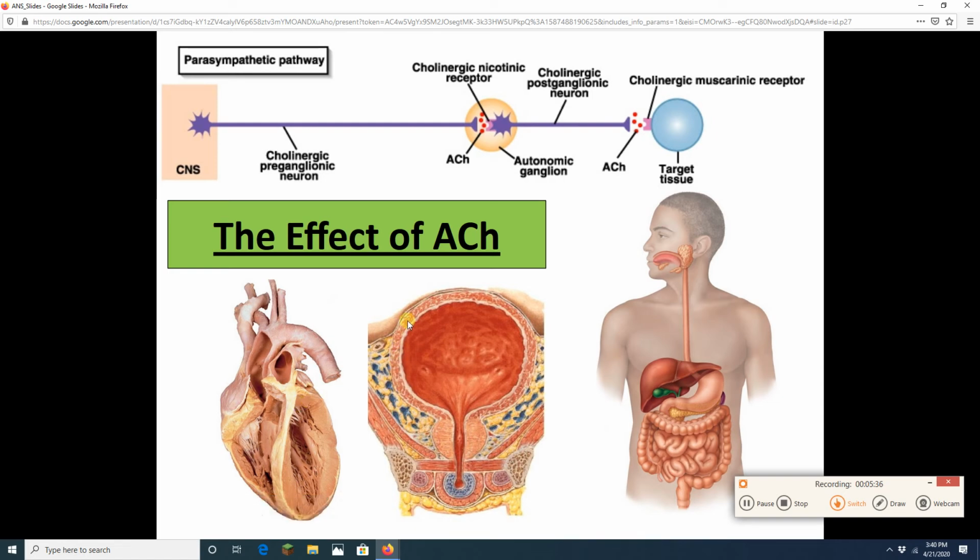Acetylcholine causes the smooth muscle in the urinary bladder, this is the urinary bladder of a gentleman here, to contract. Acetylcholine causes the salivary glands and other digestive glands to make their digestive secretions. Acetylcholine causes the smooth muscle in digestive organs to contract. So these are some basic things that acetylcholine can do depending on what target tissue we're talking about.